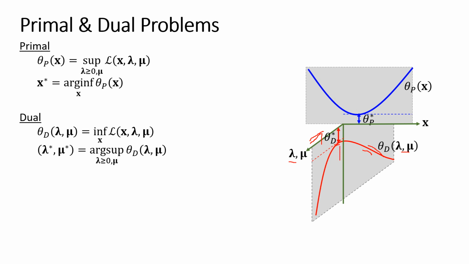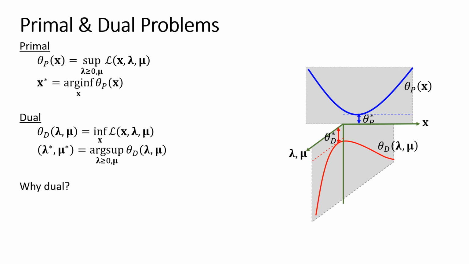So this would be this point here. Let me use another color. This point here would be lambda star, mu star. And the duality gap says that theta p star is greater than or equal to theta d star. Theta p of x is always above theta d of lambda, mu.